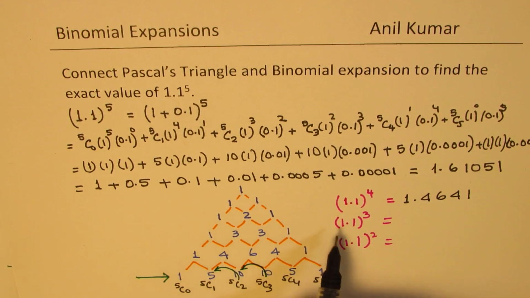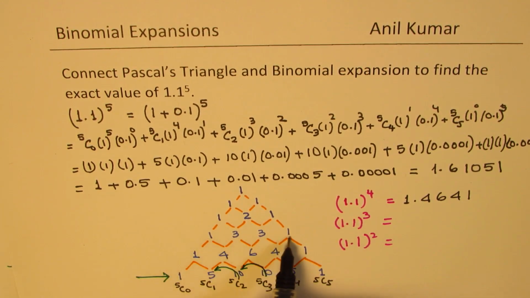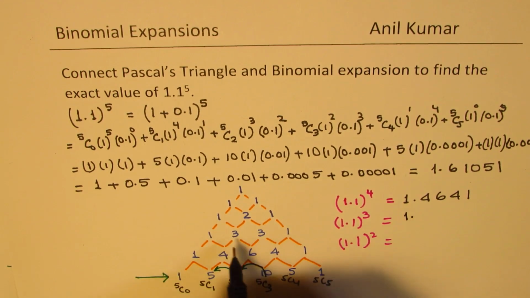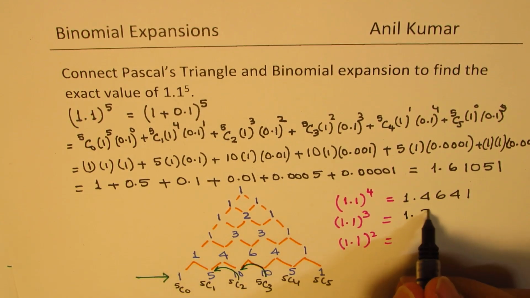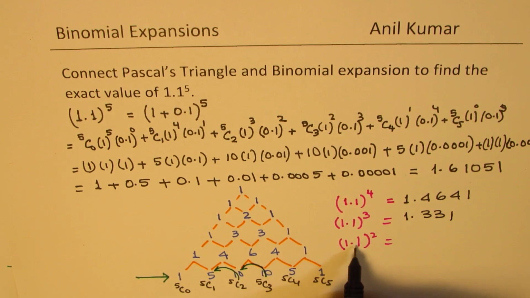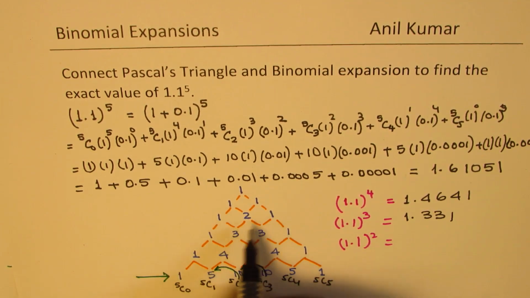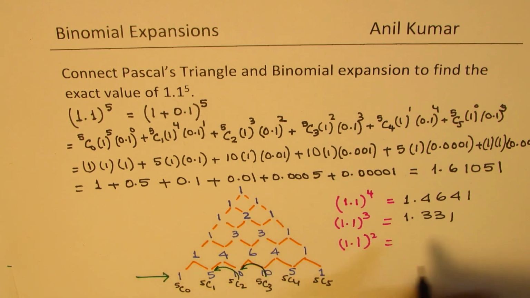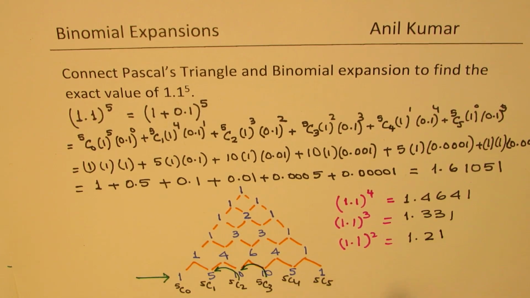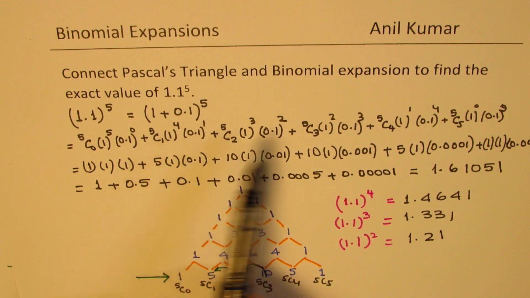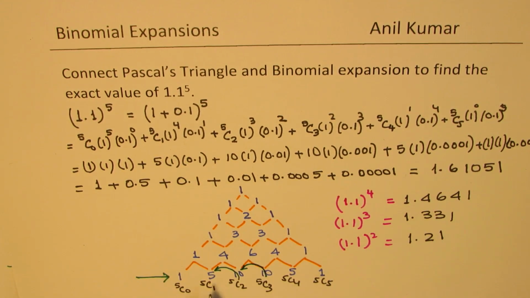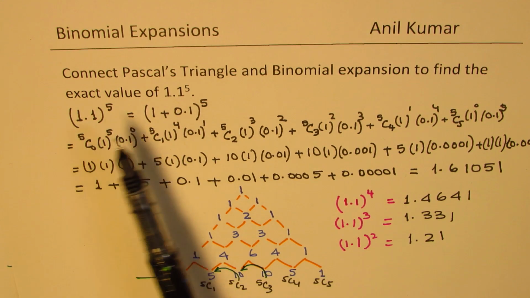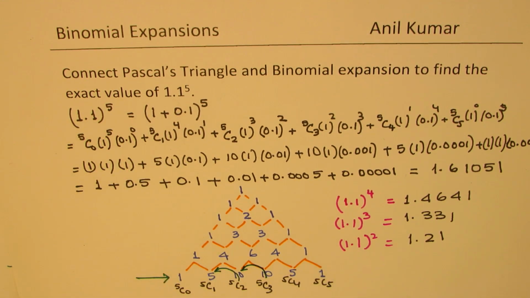And 1.1 to the power of 3 will be this row, which is 1.331, and 1.1 squared will be that row, which is 1.21. Even if you expand using binomial coefficients, that is what you expect, since these are the coefficients. So that is a very strong connection, and this really helps us to find the value of powers like this much faster.